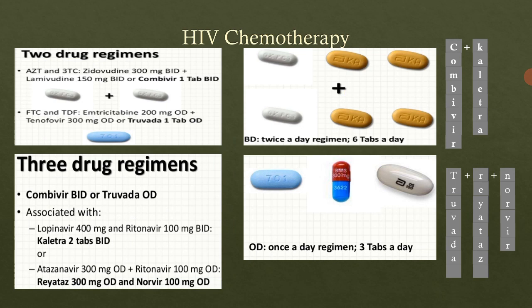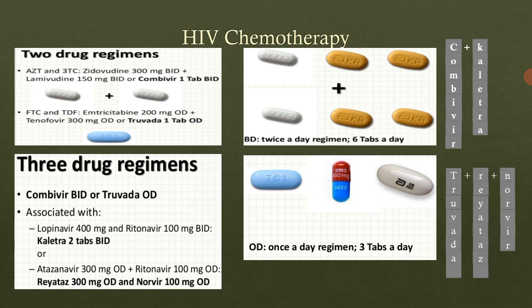Now you can see in the first picture there are the two drug regimens, and in the second picture you can see the three drug regimens. In the first picture there are two drugs, and the white one is one drug only.